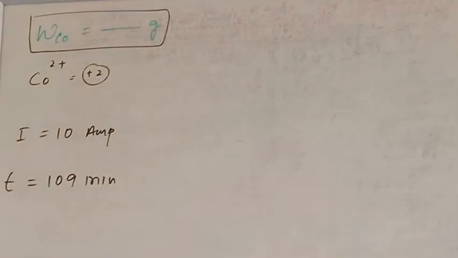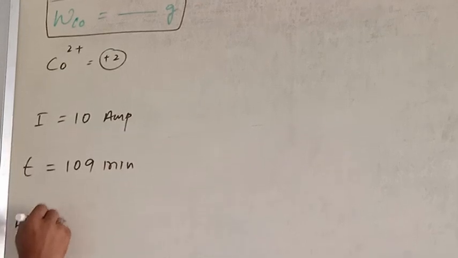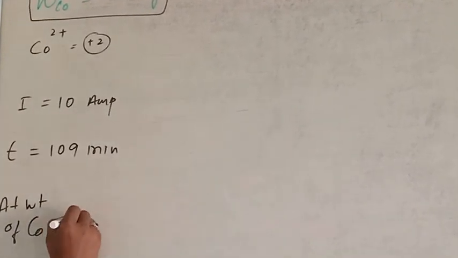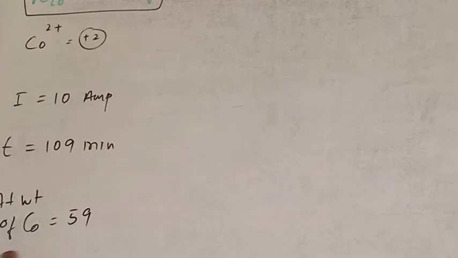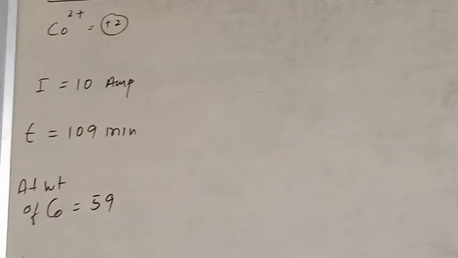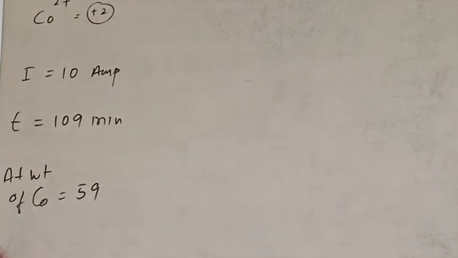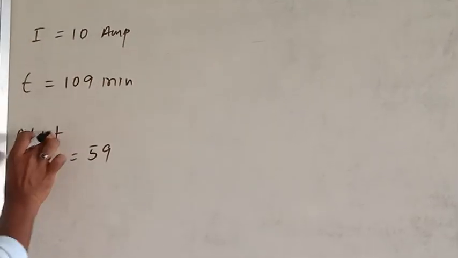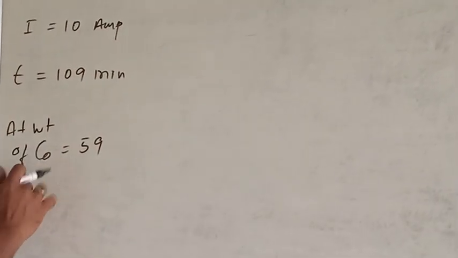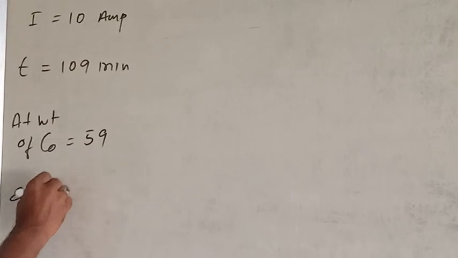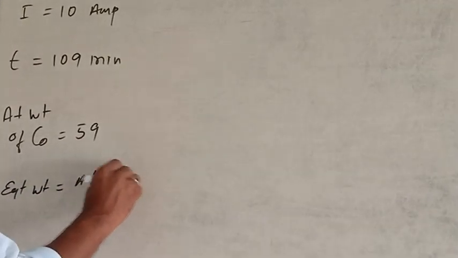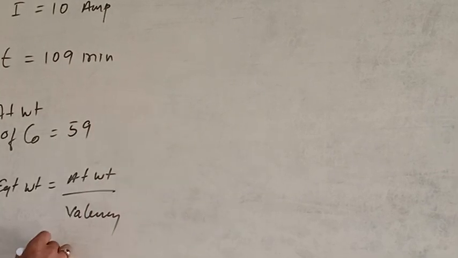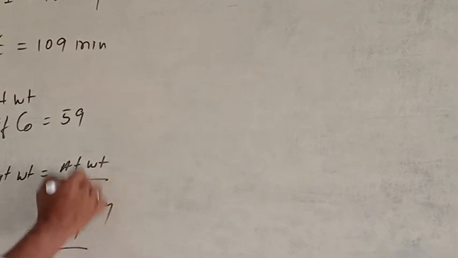The atomic weight of cobalt is also given, approximately 59 units. Before we calculate the mass, first convert this atomic weight into equivalent weight. Equivalent weight is equal to atomic weight divided by valency or charge. Now the atomic weight is 59 and the valency factor is 2.